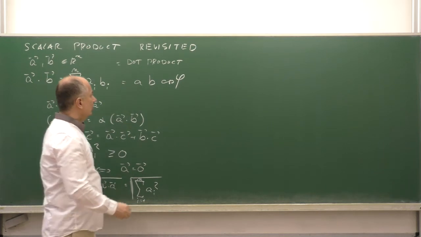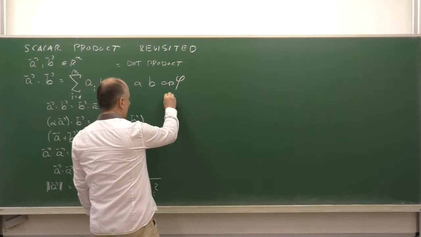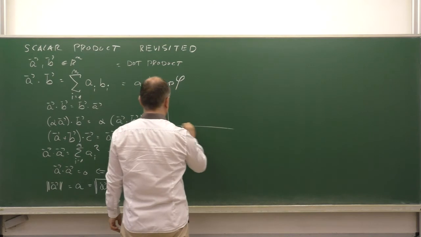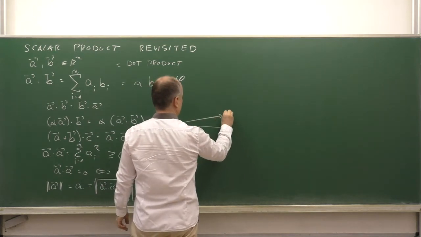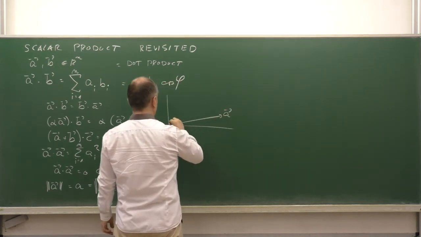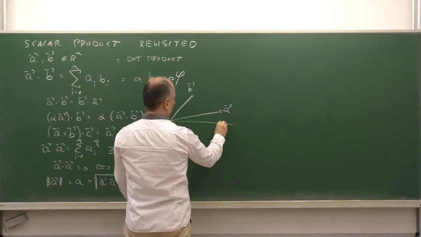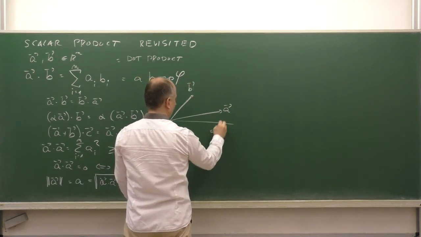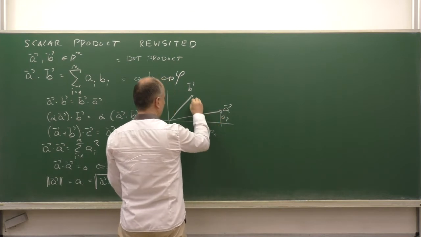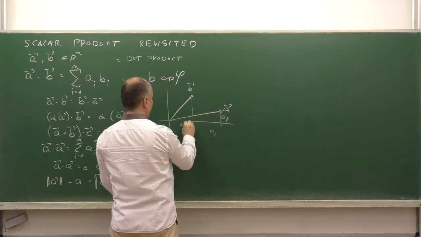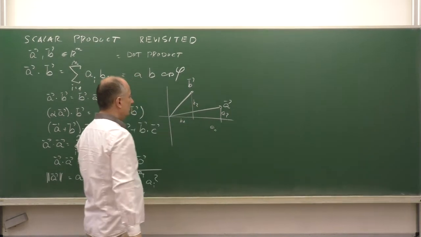This is easy to show if you consider the vector A and the vector B with components A1, A2, and B1, B2.